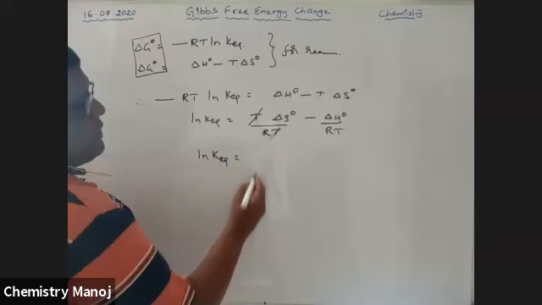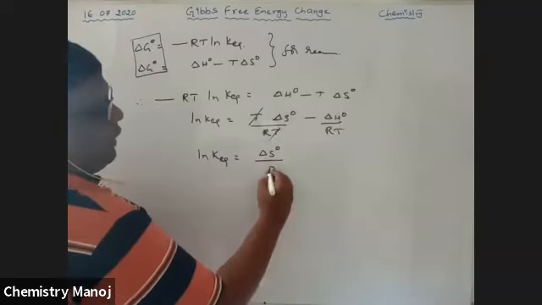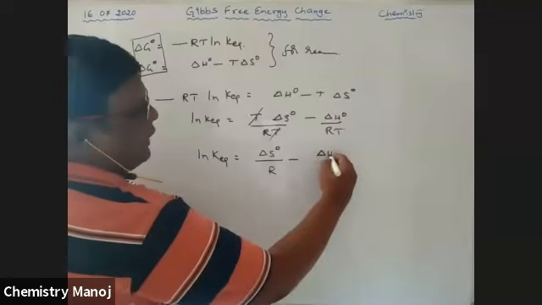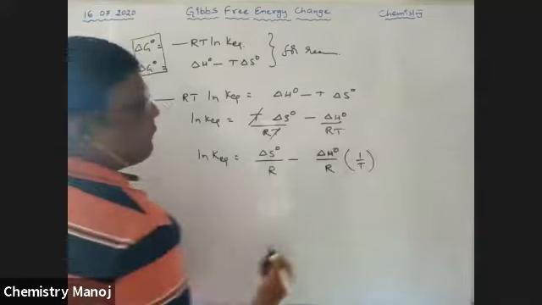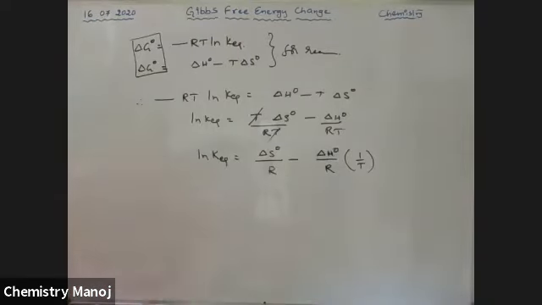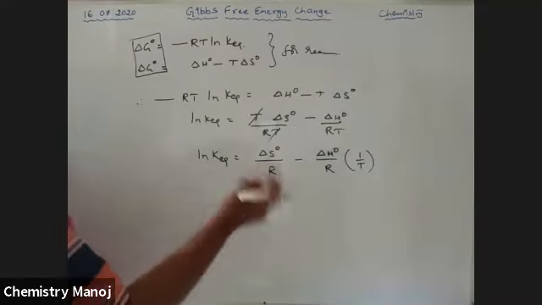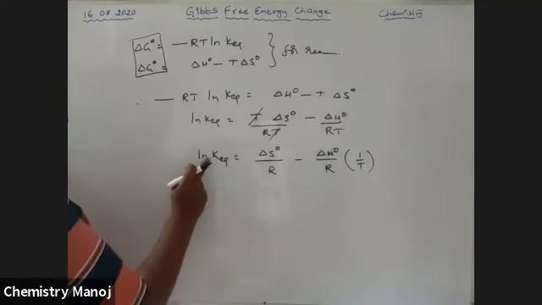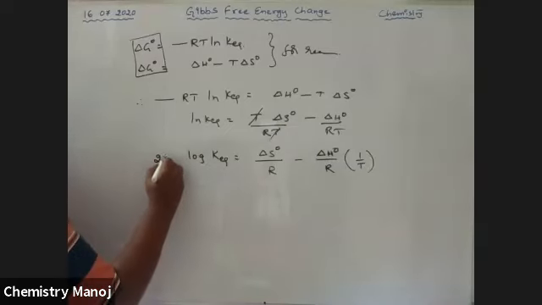ln K equilibrium is equal to delta S naught by R minus delta H naught by R into 1 by T. This is the relation. Now I convert this ln into log. So this ln is converted into log just by multiplying the value 2.303.